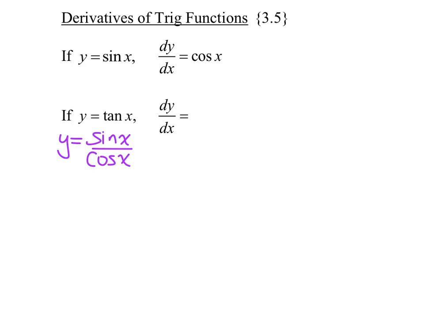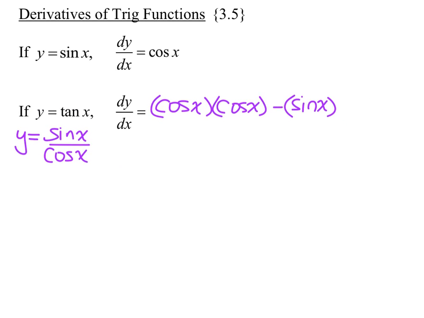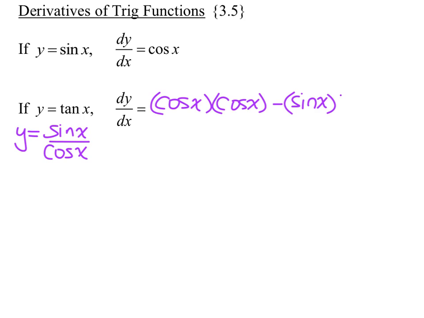All right, so low d high minus high d low over denominator squared, and away we go. So low d high, cosine of x, minus high d low. Derivative, that's funny, derivative of cosine is negative sine of x, over denominator squared, cosine squared x.